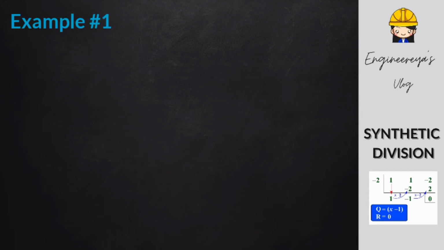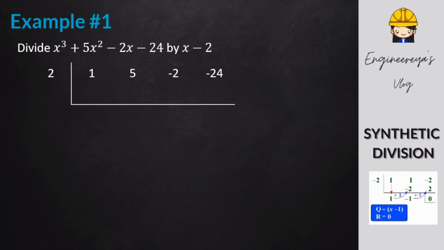The example is: divide x cubed plus 5x squared minus 2x minus 24 by x minus 2. First, write down all the coefficients and put the 0 from x minus 2 equals 0, so it will become x equals 2 at the left. Next, bring down the 1 that indicates the leading coefficient. Multiply 1 by 2 and add the result to 5.